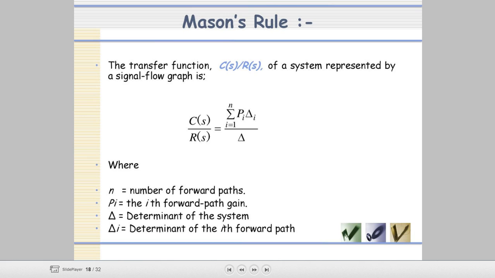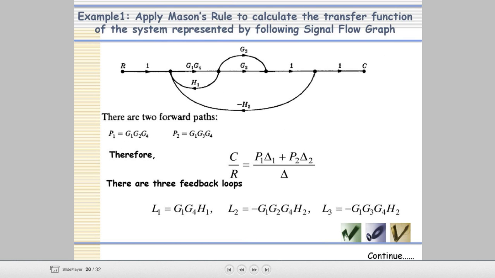So we have calculated the forward paths Pi, here P1 and P2.